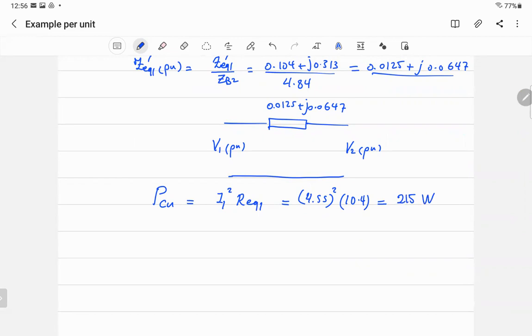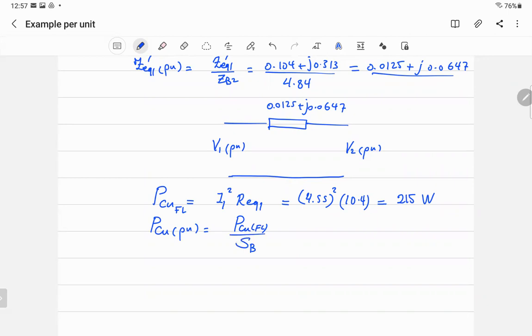The question is, express the copper loss in per unit. So what will you do? What is the base you're going to choose? Are you going to choose the base for the voltage, for the current, for the impedance, for the power? For the power. Yes. So let me write that: the full load copper loss per unit is equal to the copper loss, full load actual value, divided by S base.